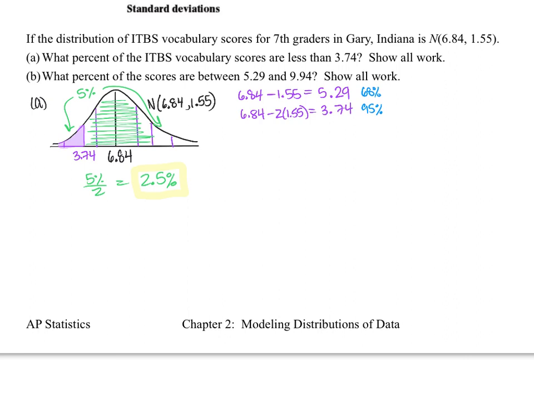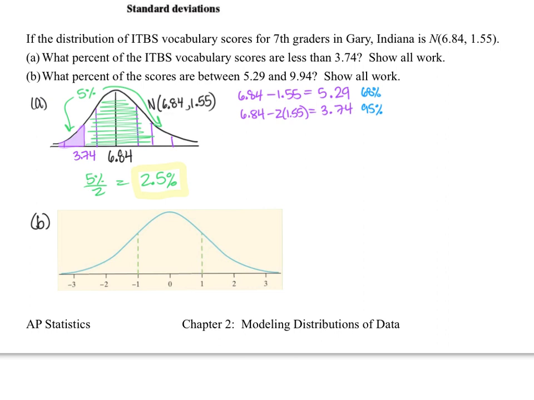It says what percent of the scores are between 5.29 and 9.94. We need another picture. So let's draw another normal distribution curve. I will make mine a little bit more symmetric than my curve on A. Okay, curve is drawn.